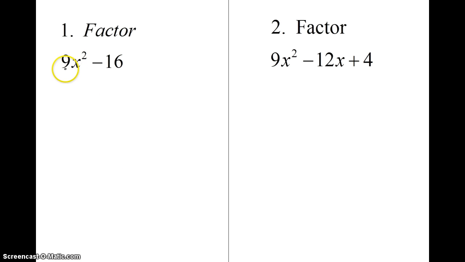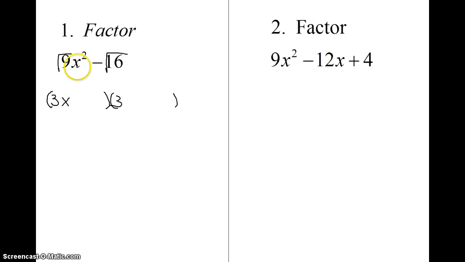For example, this one here, we have 9x squared minus 16. First, you're going to set up your two binomials, so the product of two binomials. You're going to take the square root of 9 and the square root of 16. Now notice that a is not 1, it's more than 1, so I need to take the square root of a and the square root of c. The square root of 9 is 3, so you put a 3 there, and a 3 over here.